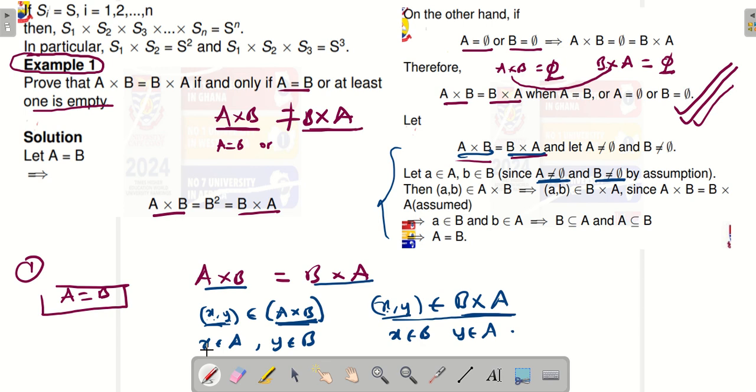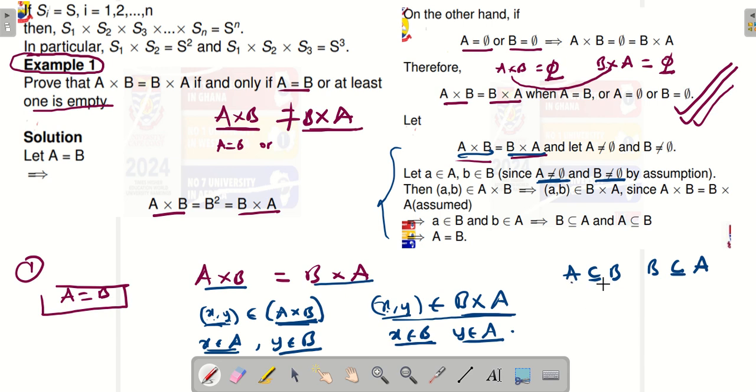We are seeing that x belongs to A. Here we are saying that x belongs to B. If x belongs to A and x belongs to B, then it means that A is a subset of B. Then if y also belongs to B, and y belongs to A, then it means that B is also a subset of A.